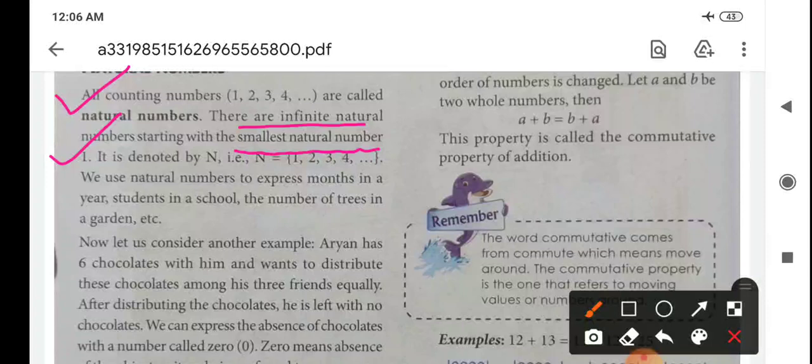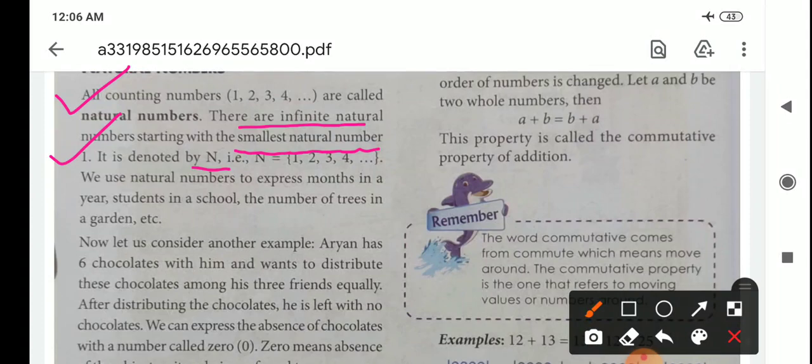The smallest natural number is 1. You remember, the set of natural numbers is denoted as N, that is N equal to 1, 2, 3, 4, 5 like this. We use natural numbers to express months in a year, students in a school, the number of trees in a garden, etc.